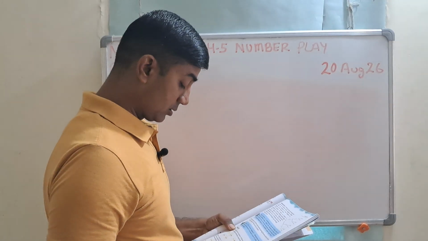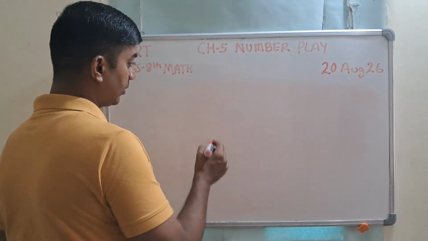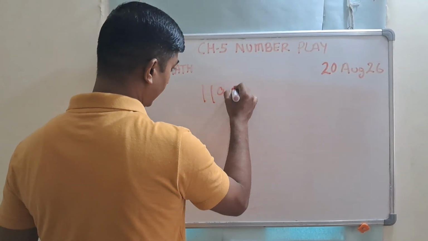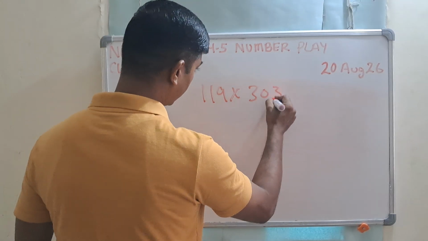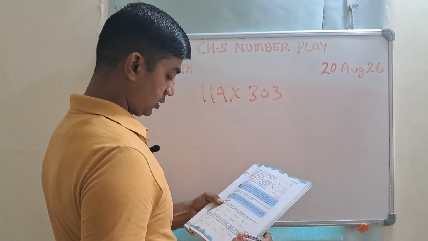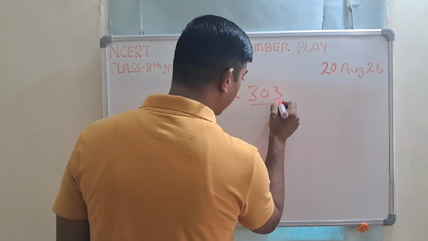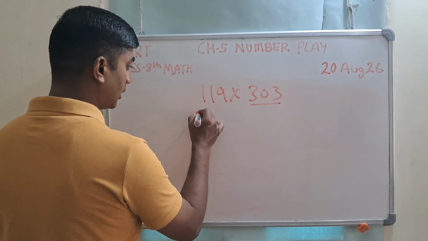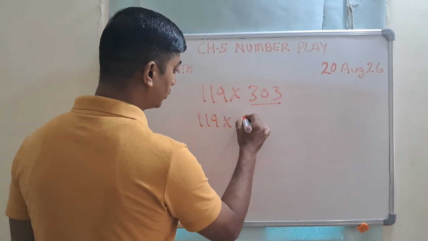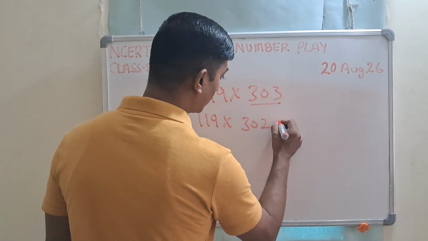Now the next expression we were discussing is 119 into 303. Understood? Now we will do it so that you remember. We will split this as even plus 1: 119 into 302 plus 1.